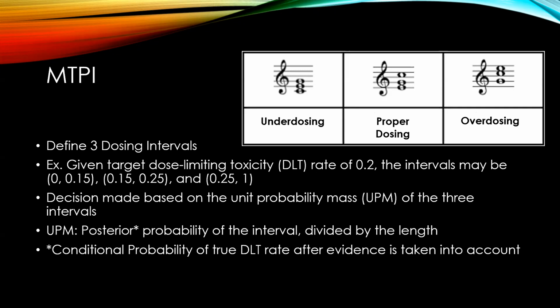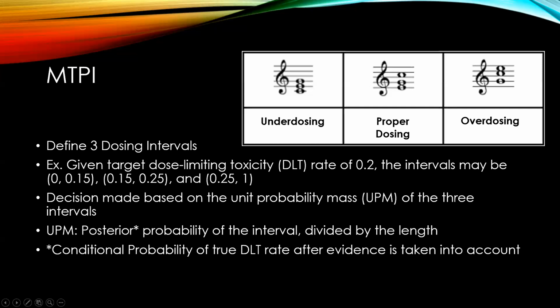So what we're going to do is we're going to define an equivalence interval, which will be what we're hoping to hit, which in this case we're choosing about 0.15 to 0.25. And then on either side of it, we're just going to have 2 large intervals that are either underdosing or overdosing. So in this case, our underdosing interval will be 0 to 0.15. Our overdosing interval will be 0.25 to 1.